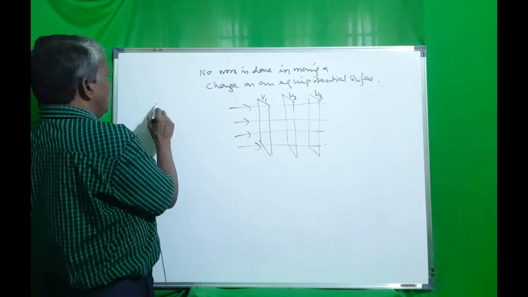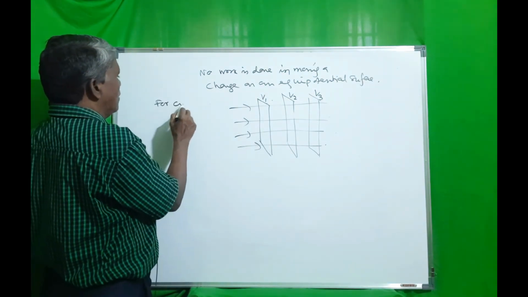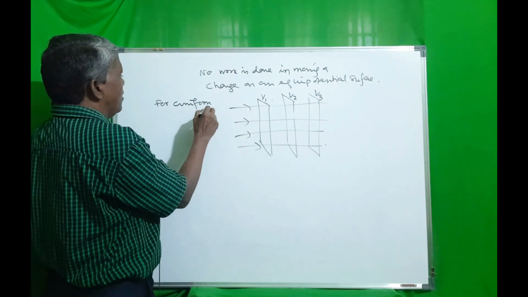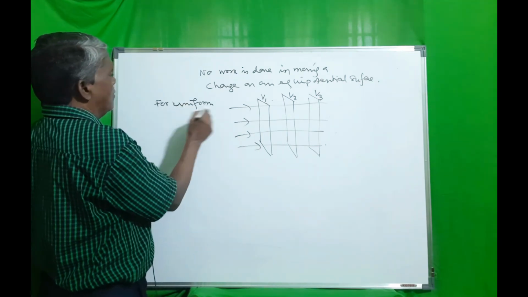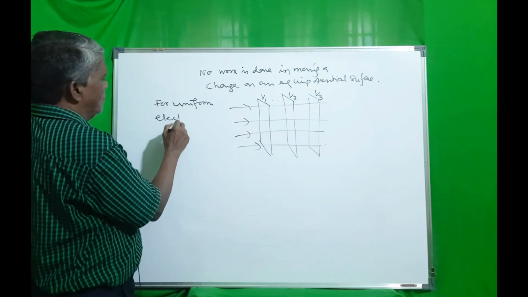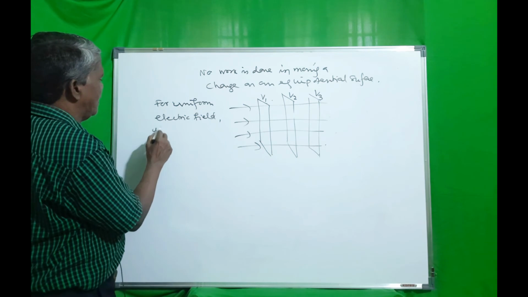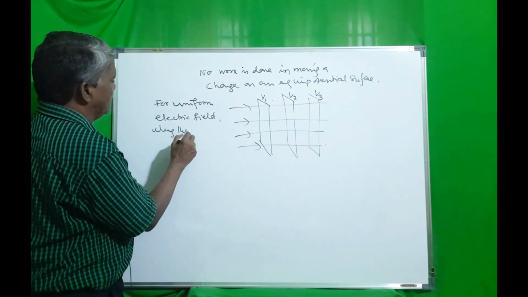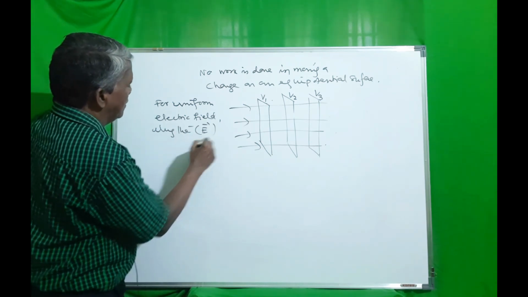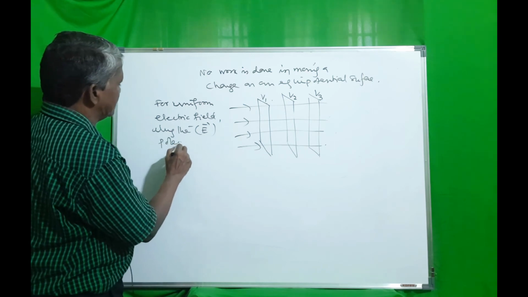For a uniform electric field, along the field, potential decreases.